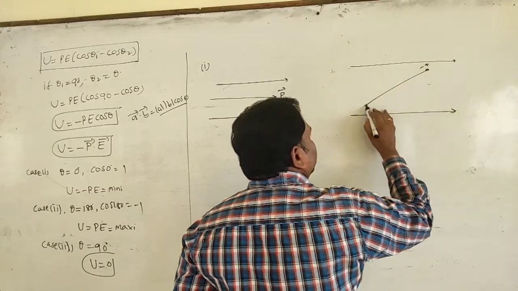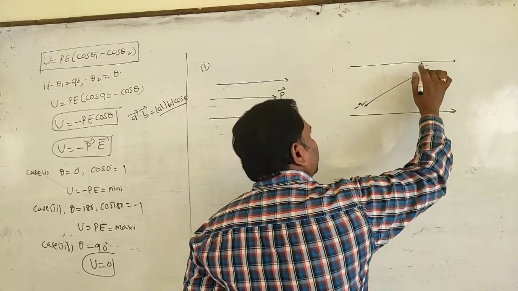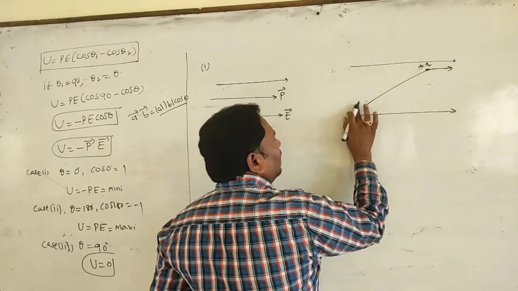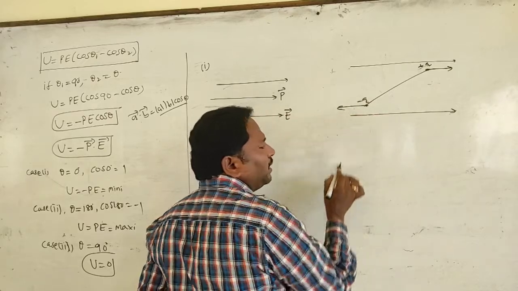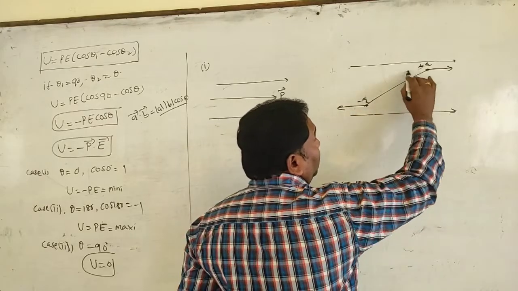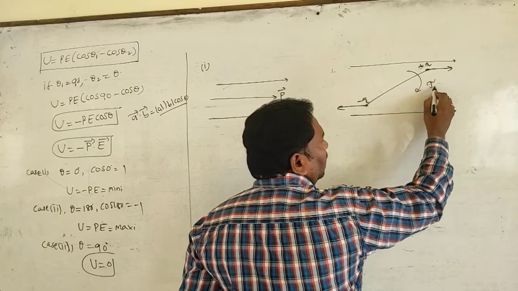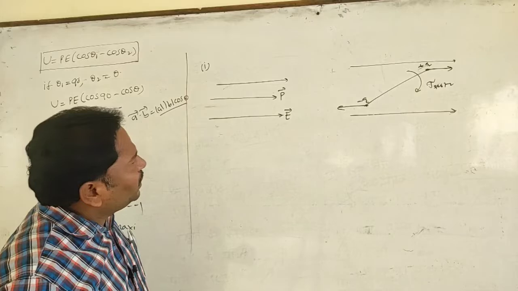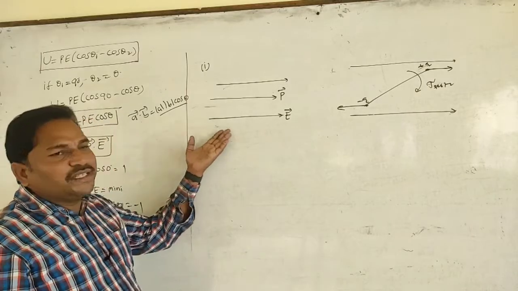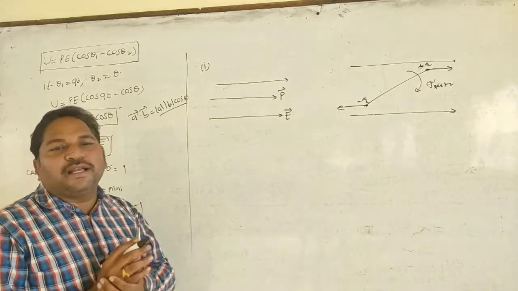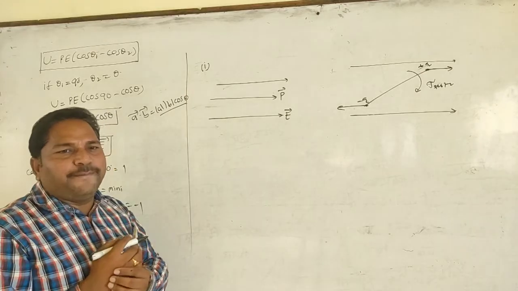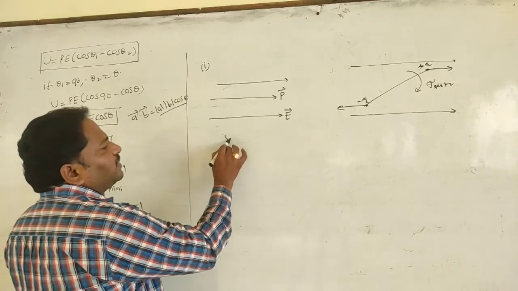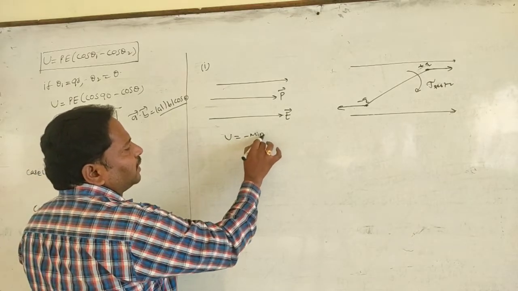It has a minus q and a plus q. Then 2 equal and opposite forces act on the dipole, and it regains its original position. This situation is called stable equilibrium. In stable equilibrium, potential energy is always minimum.